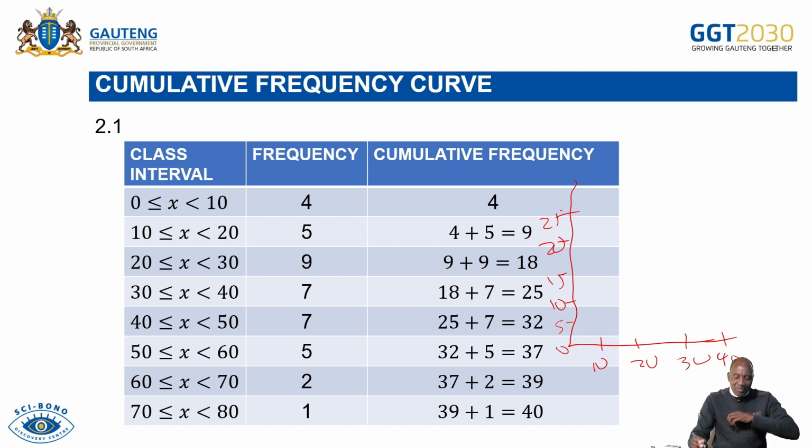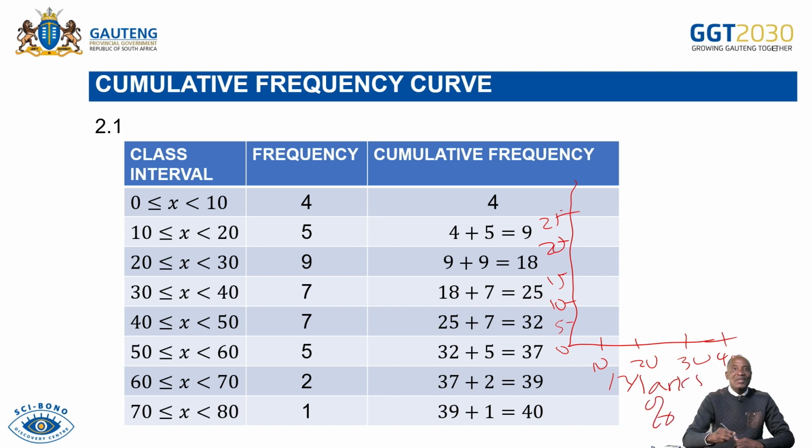Then you are going to label the horizontal axis. This is your class interval. Or rather, let's say marks, because we are talking of the marks obtained in that exam. These are your marks, then these are marks as a percentage.